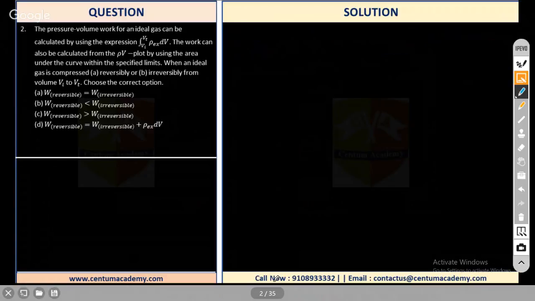Try to recall the concept of reversible and irreversible process, and what are the major points we have in both the processes?